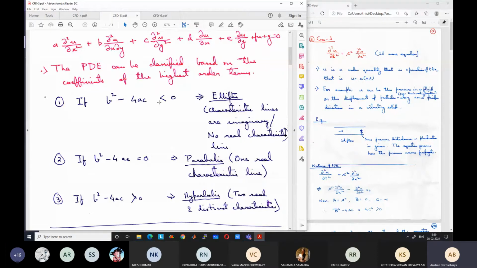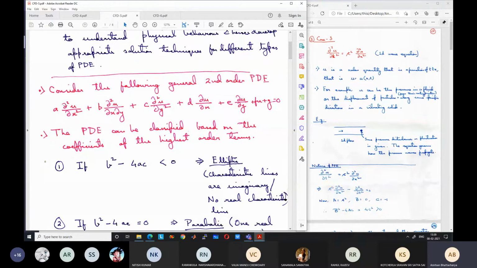We have not yet fully discussed what a characteristic line is. We have seen it with respect to parabolic equations, but let me again recap what the characteristic line is. Any PD, say for example the second order PD, has highest order derivatives. In this case, the highest order derivatives are the second order derivatives.